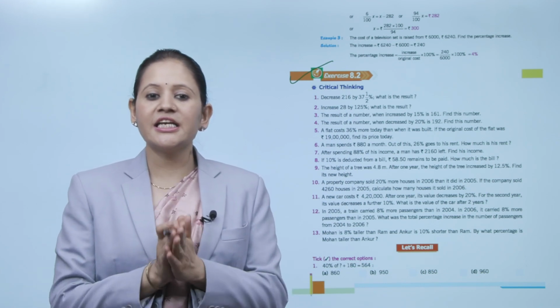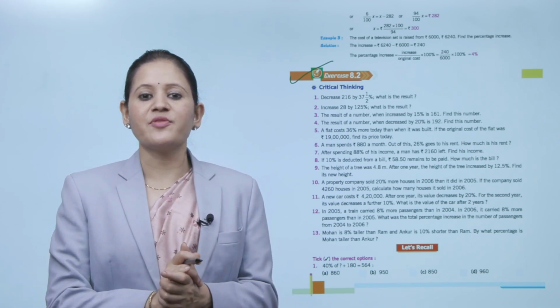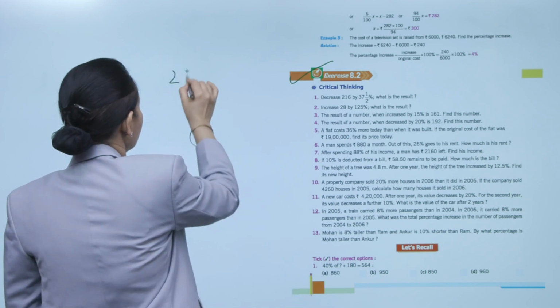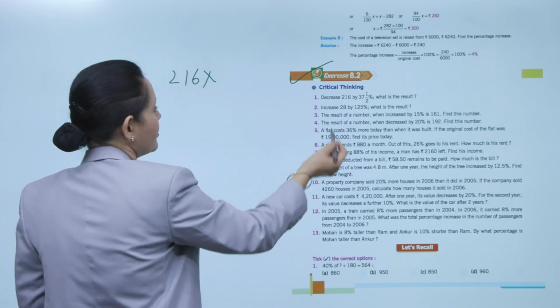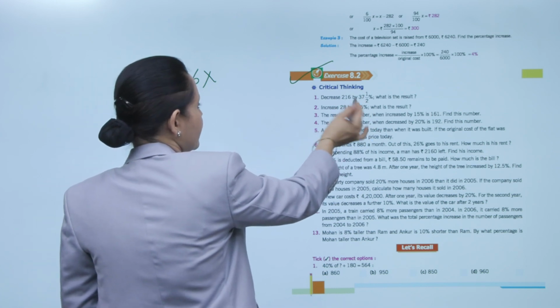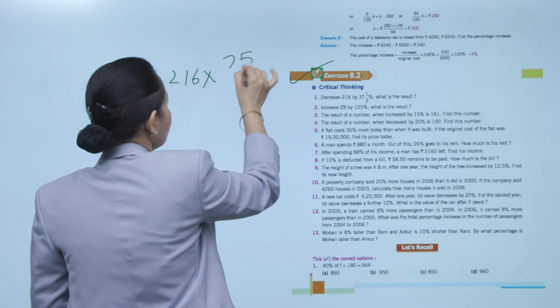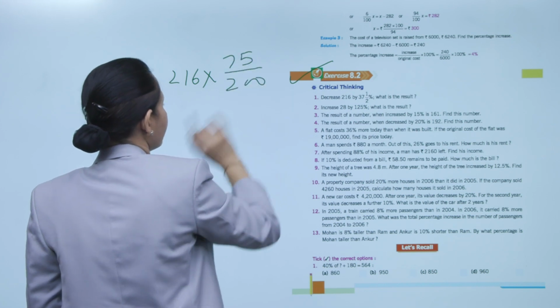Critical thinking. Decrease 216 by 37 1 by 2%. What is the result? So, first we'll find out 216 का 37 1 by 2%, that is 75 upon 2, percentage का साइन हटाएंगे तो 200.